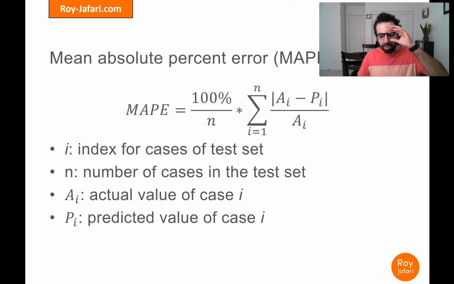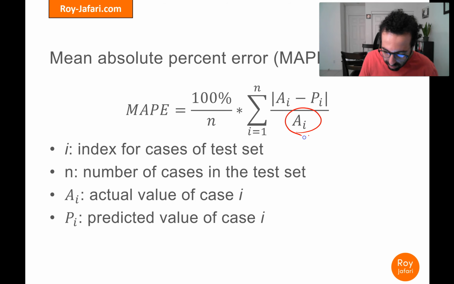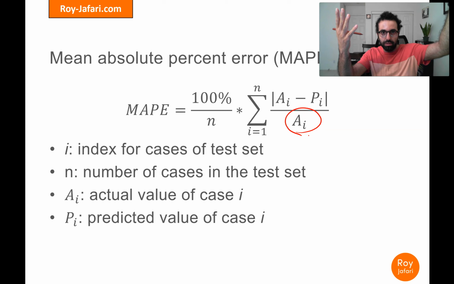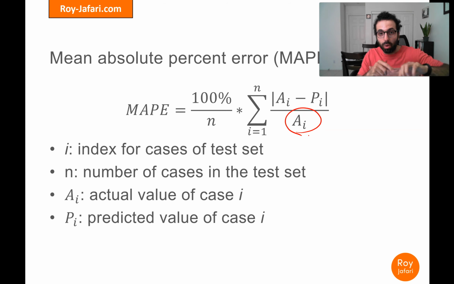Then you have mean absolute percent error. The only difference is you have a denominator of the actual value here to scale the errors. If there is a large data point and you have a larger error for it, it's more okay than if you have a small data point and the error is not as large, but it's twice as big as the value itself.